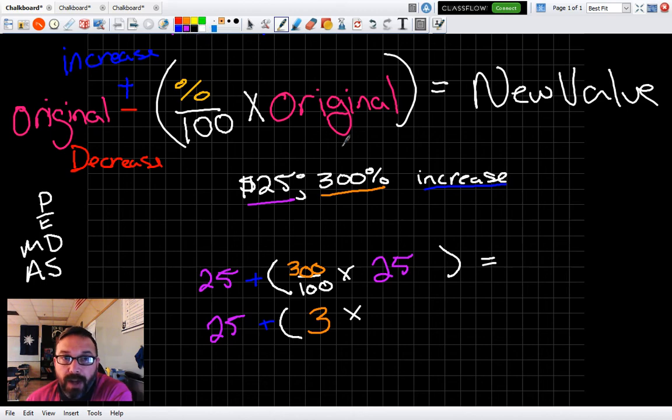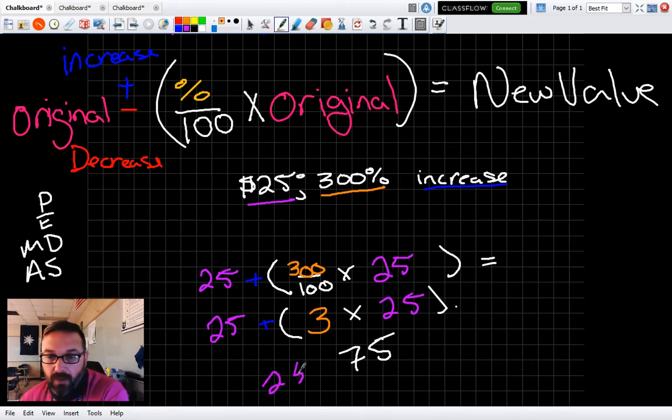So we are going to have the same formula, now substituting 3 for the fraction. Now I need to do what's within my parentheses still. So 3 times 25. Well, if I have 3/4, that would be 75 cents. 75.